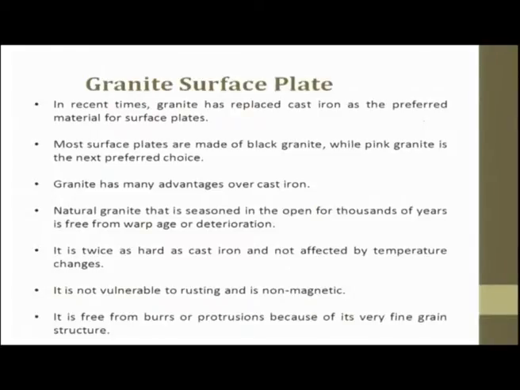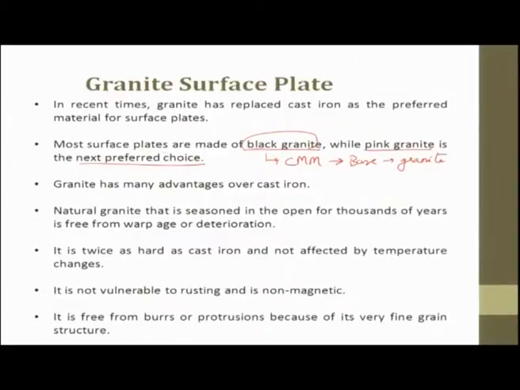Granite surface plates have started replacing cast iron surface plates. Most surface plates are made out of black granite, while pink granite is the next preferred choice. Black is very common. That is why, when you buy a CMM, coordinate measuring machine, the base of this coordinate measuring machine is always granite.